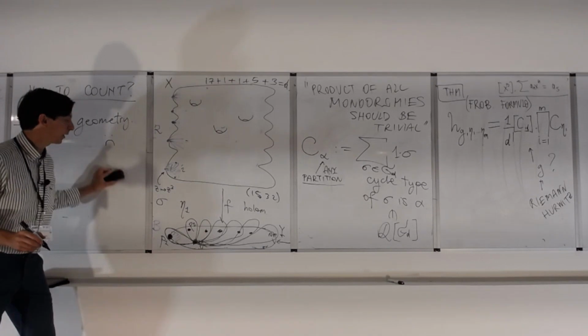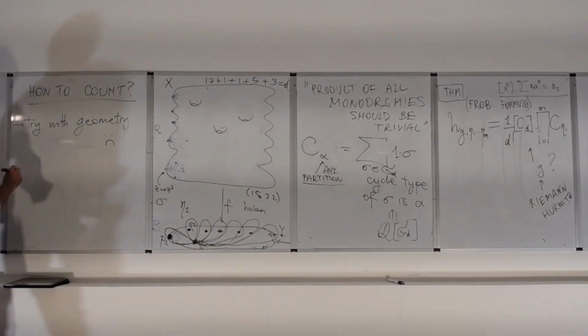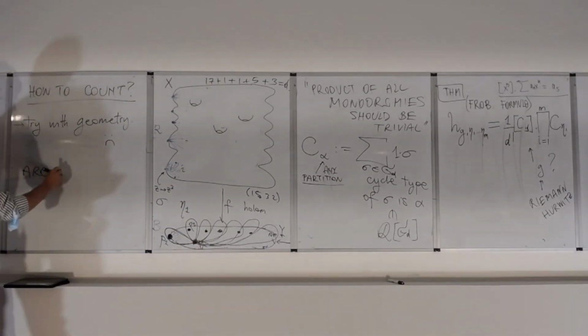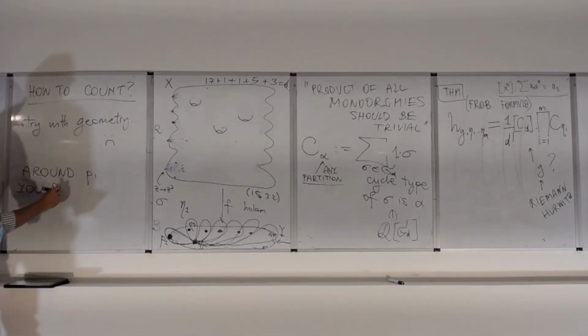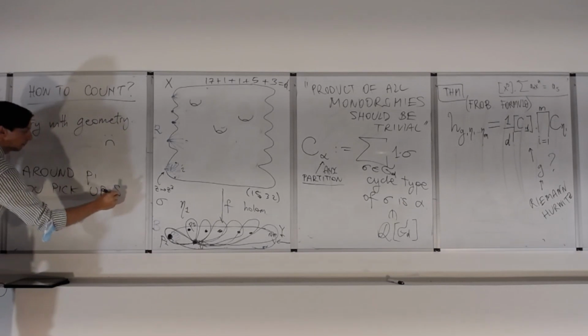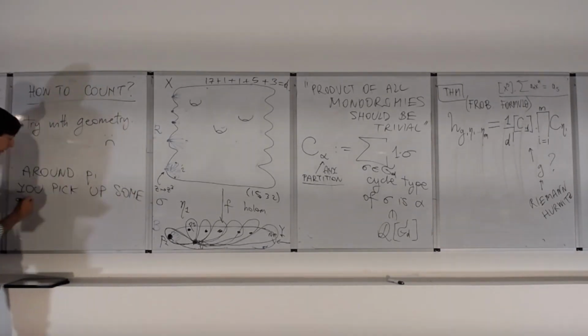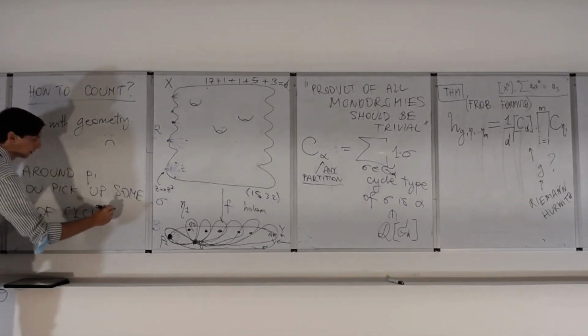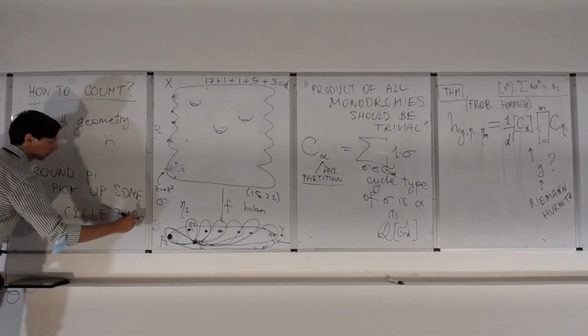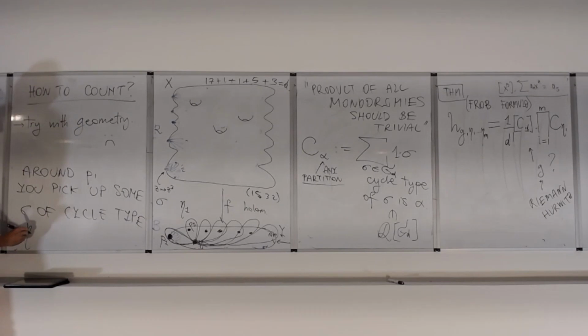The first time you go around P^1, you pick up some sigma of cycle type eta_1.